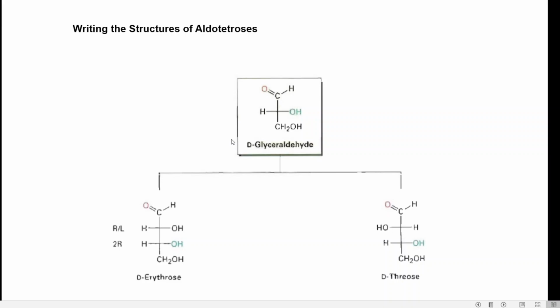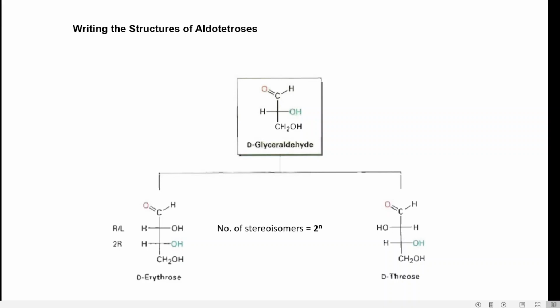So before writing the configuration or structures of the next molecules of this family, glyceraldehyde can have two structures. One is D-glyceraldehyde and the other is L-glyceraldehyde.